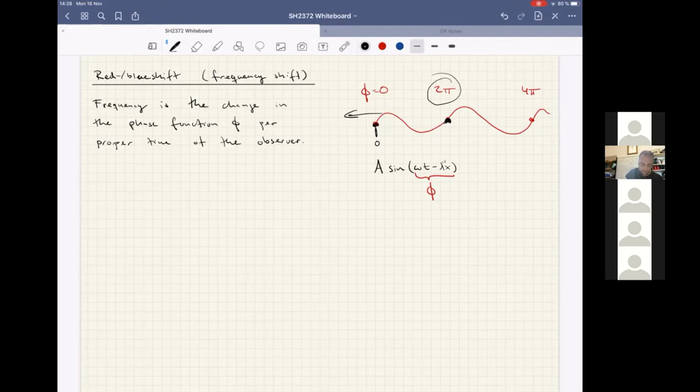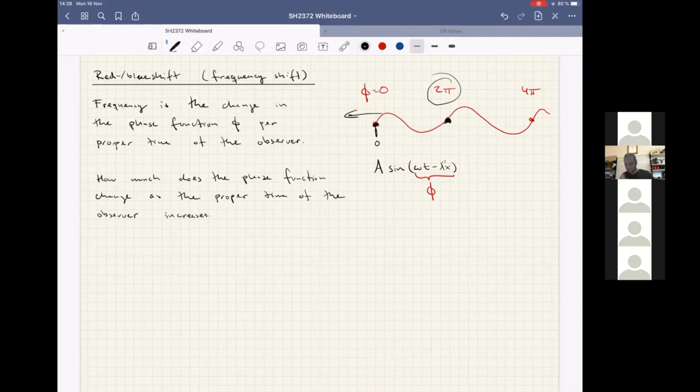So the question is, how much does the phase function change as the proper time of the observer increases?